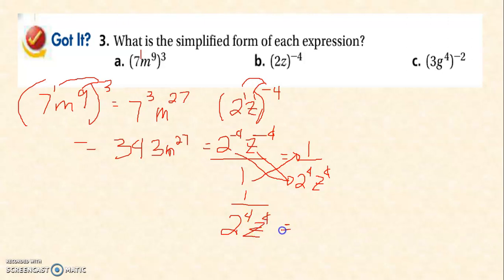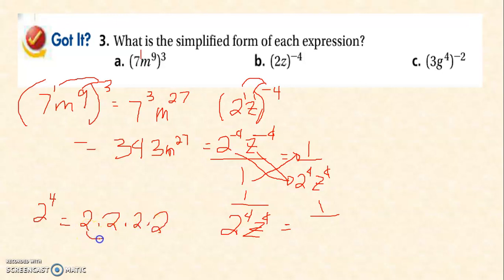Is that the final answer? No, because we need to find out the value of 2 raised to 4. What does it mean when we say 2 raised to 4? We're going to multiply 2 4 times. So you now have 2 times 2 times 2 times 2.